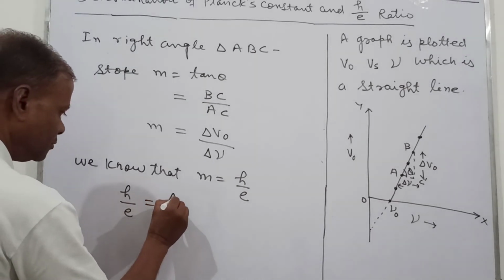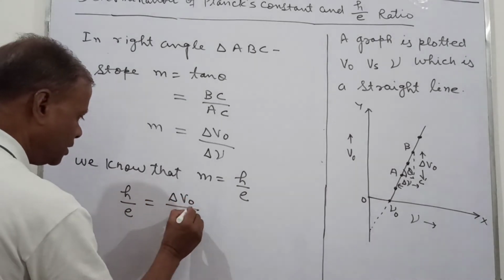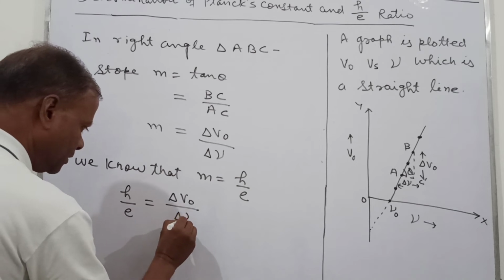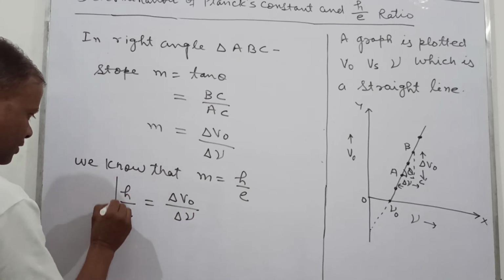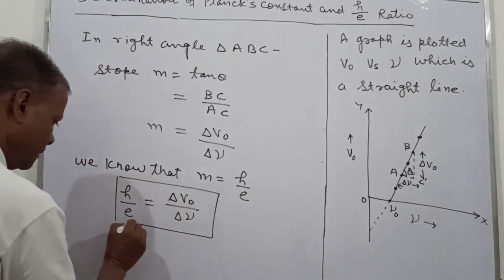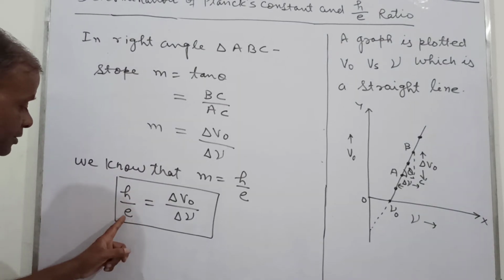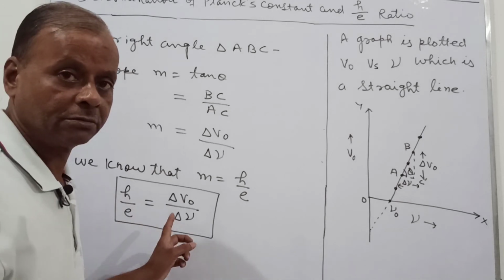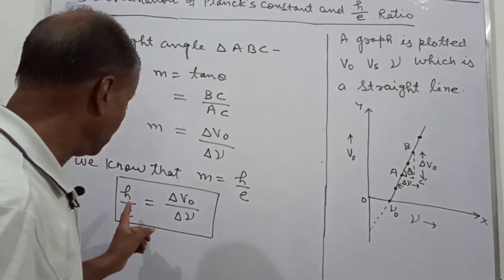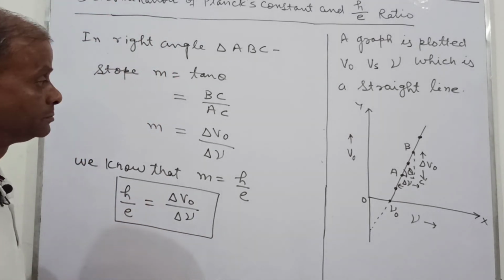This gives the ratio of Planck constant to the electronic charge.